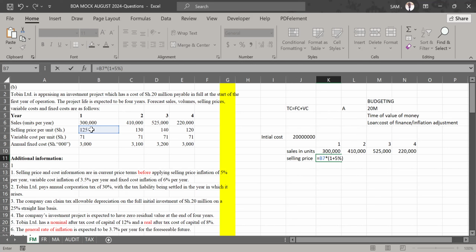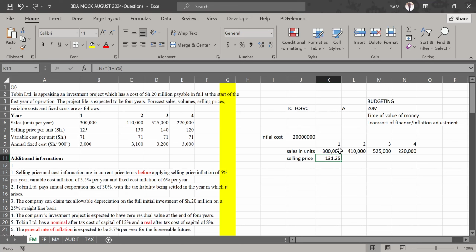So I just confirm, control enter. I now have the new price that takes into consideration the inflation adjustment. From 125, now it is 131.25. If we apply the same for all the other selling prices, I now have my prices after adjustment for inflation. That is the first point I want us to understand.